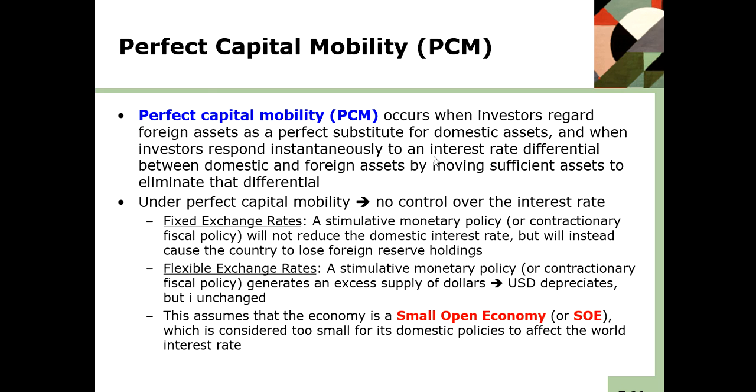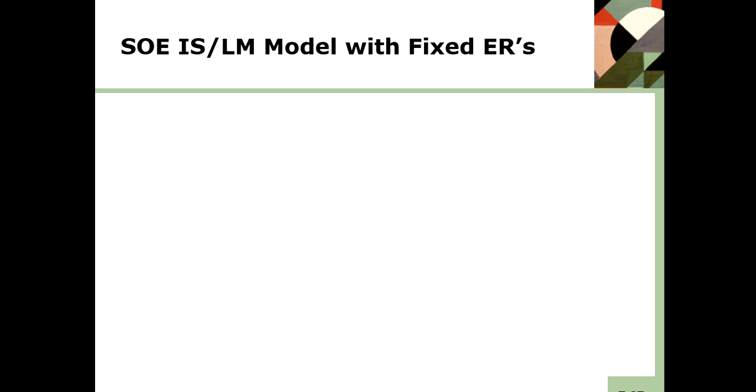So here are the consequences of perfect capital mobility on the exchange rate. Now, the small open economy IS-LM model with the fixed exchange rate.